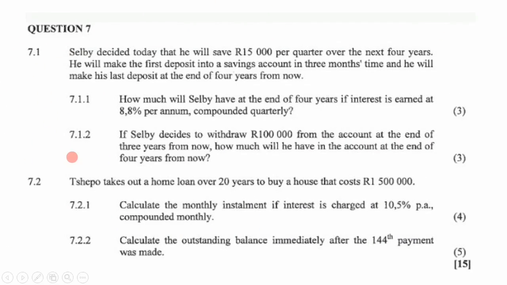7.2.2, we are told to calculate the outstanding balance immediately after the 144th payment was made, right? So for the outstanding balance, we know that we have to make use of the present value formula. So we have P, X, and then 1.